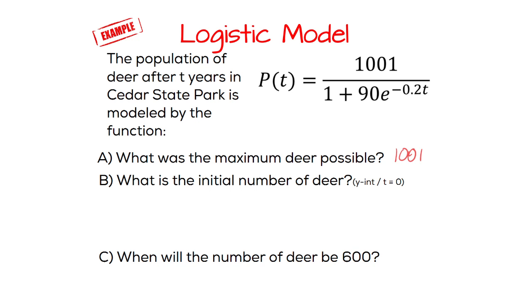My next question was, what is the initial number of deer? And it's going to be tempting to try to pick that number off of that formula, but the initial number is not just sitting there like it is in the exponential. So to find the initial number of deer, you have to make time equal 0. So we're going to put 0 in for t right here.